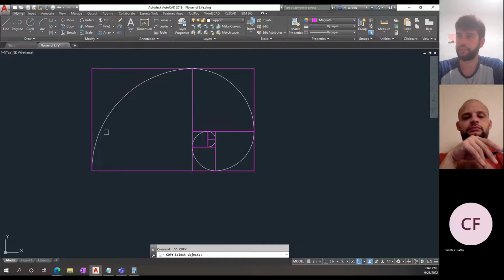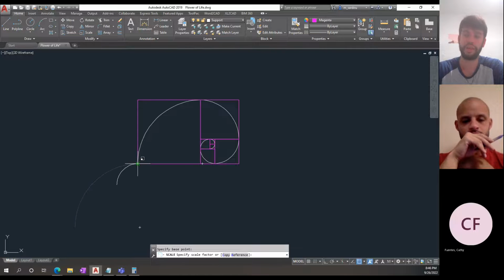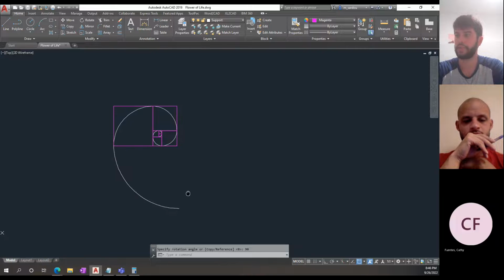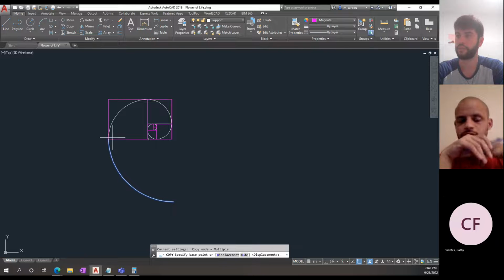Now, if I just copy this corner and scale that to the phi number 1.618, rotate, it's doing the same movement because now I know the ratio, so I can keep doing that without the squares.